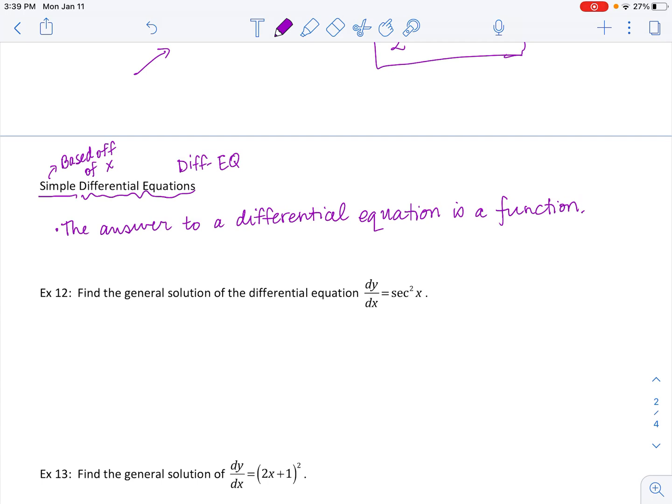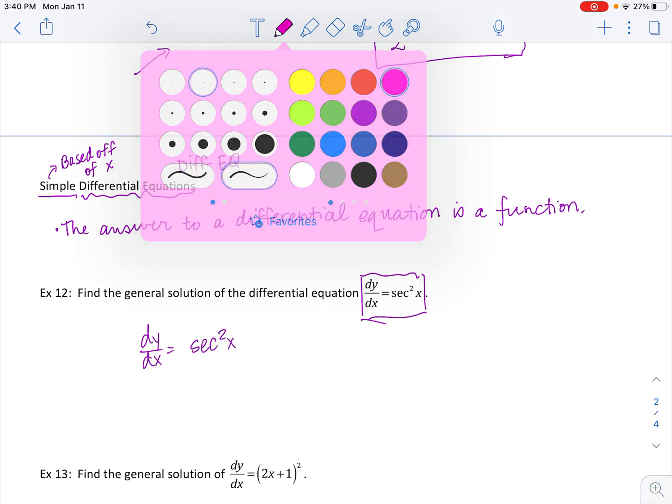So example 12 here is our first case. It says find the general solution of the differential equation. What this looks like is just a derivative, right? dy dx equals secant squared. Notationally, it does look like a derivative, but the directions tell you to do something different with it. What we're going to do is take this equation and integrate both sides.